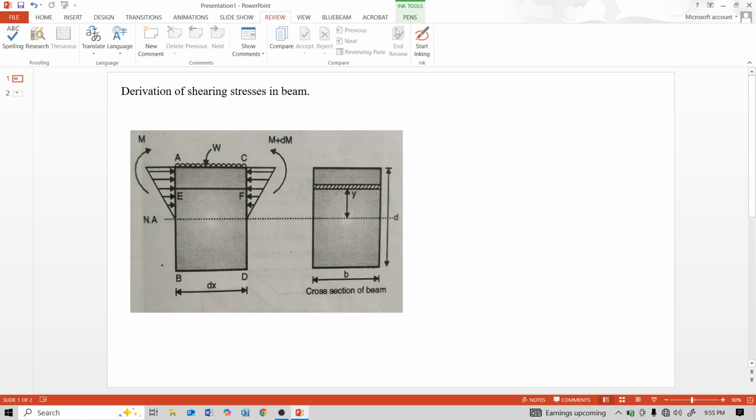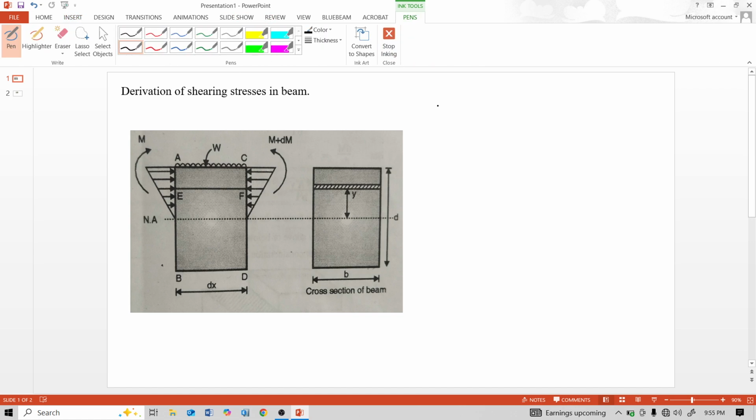First, let M be the bending moment at AB, and M plus dM is the bending moment at CD.